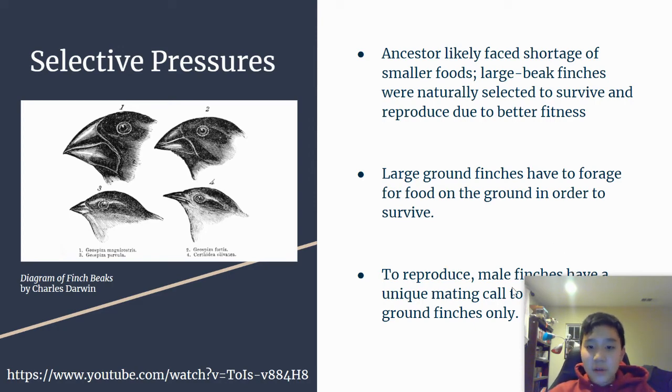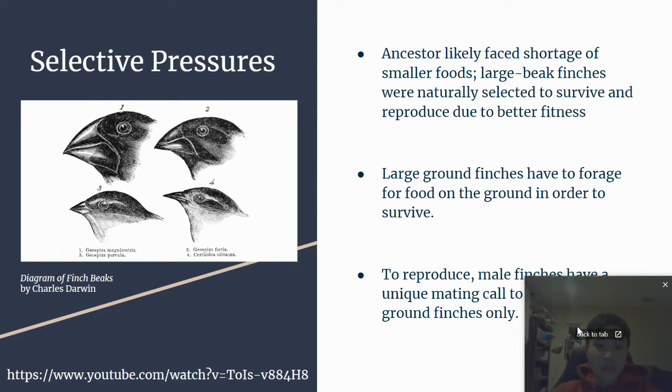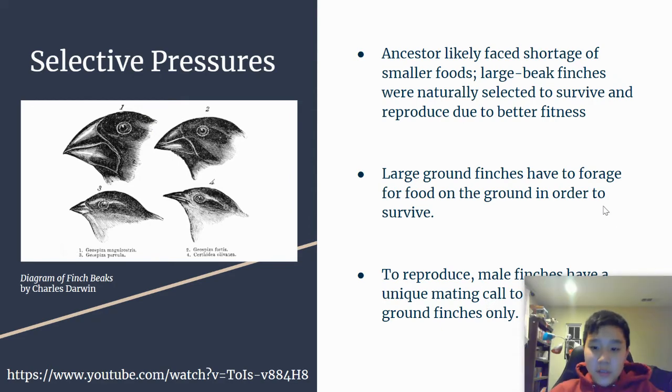And large ground finches have to forage for food on the ground in order to survive, which is another selective pressure. And to reproduce, male finches have a unique mating call to attract ground finches only.